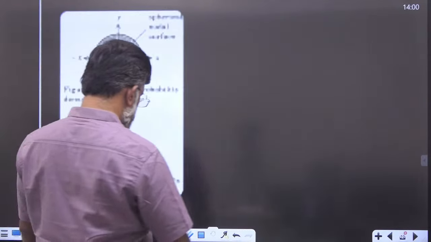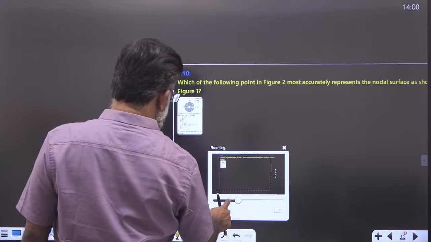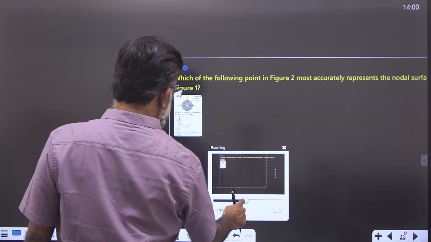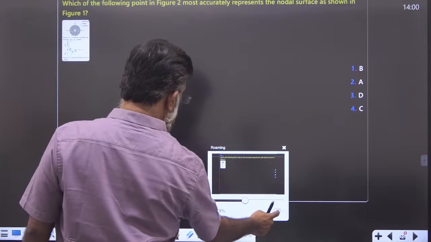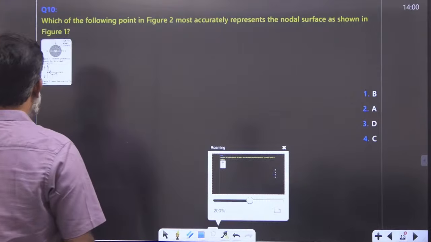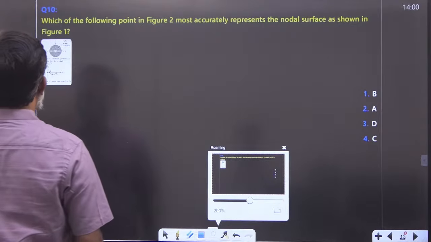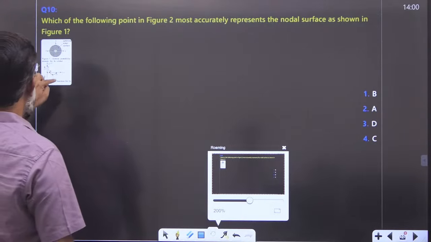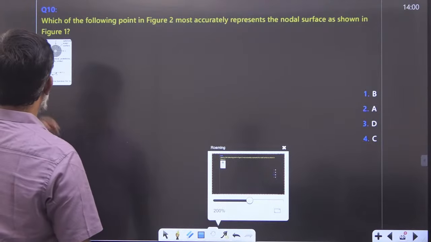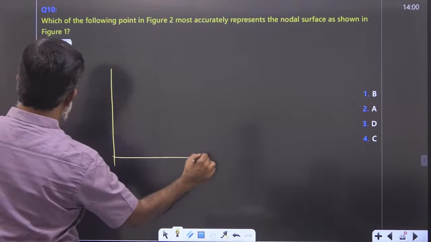It's not clear. A, B, C, D. I'll draw separately.